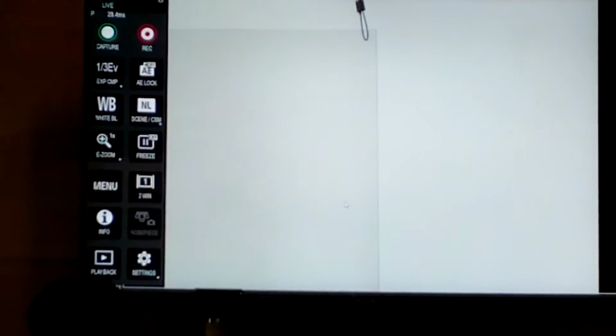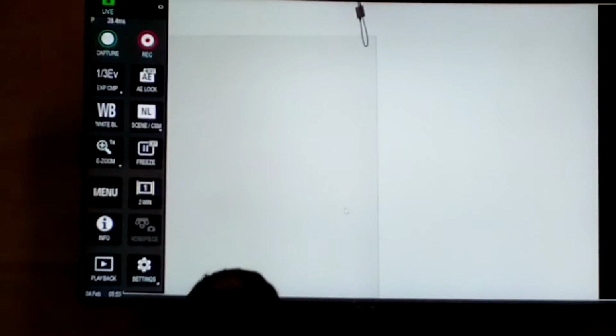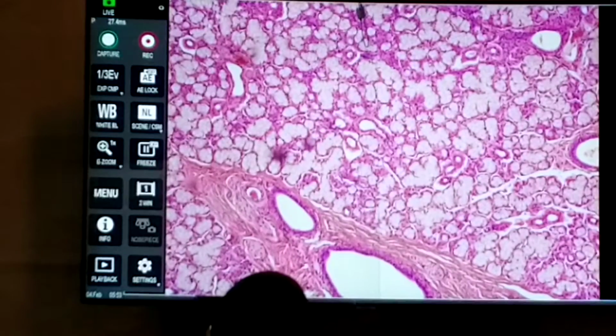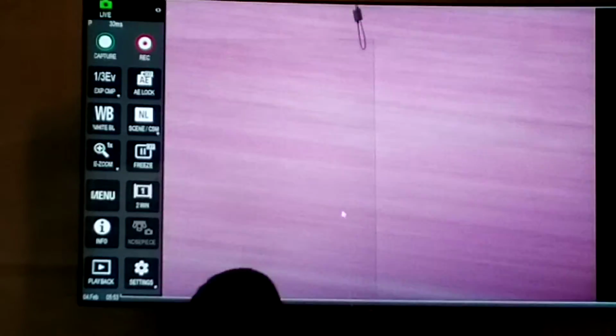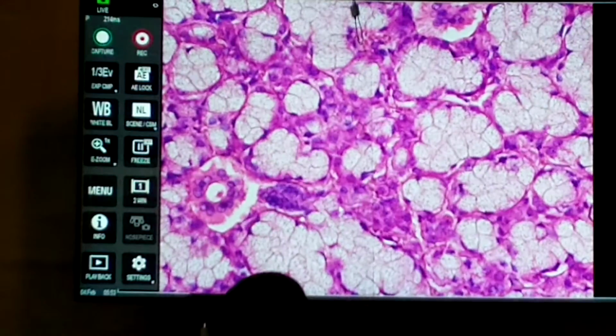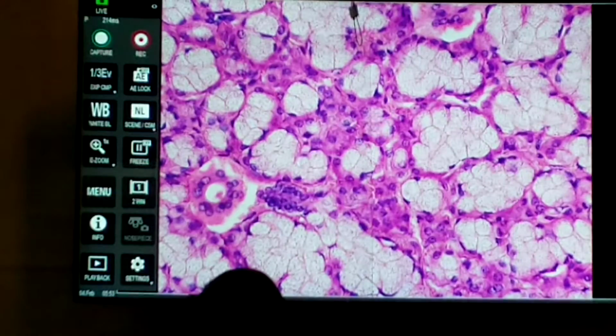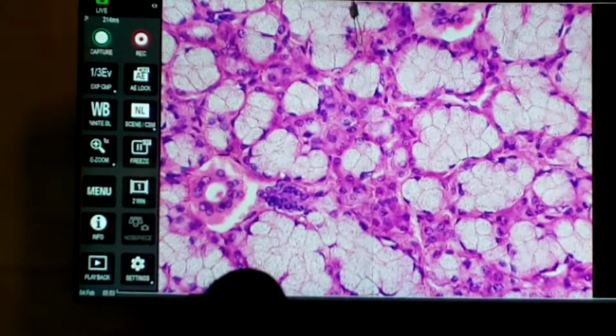Just look at one more salivary gland. This is the sublingual gland. If you look at the sublingual gland, it's mostly mucus secreting secretory units. In other words, here's a secretory unit here.